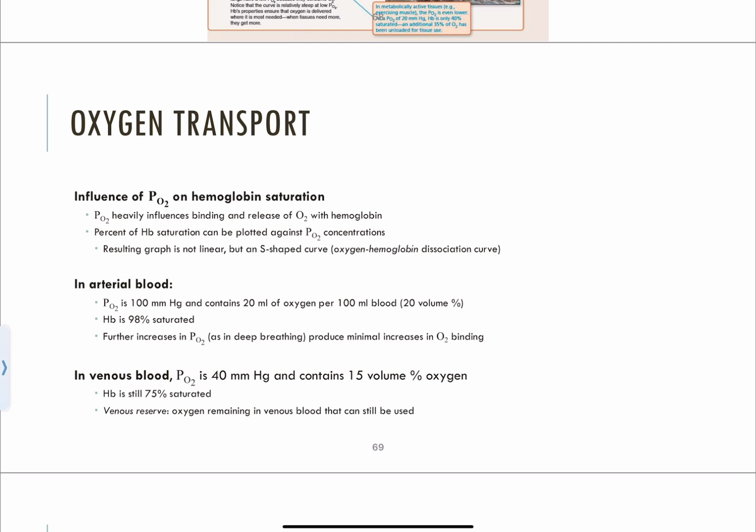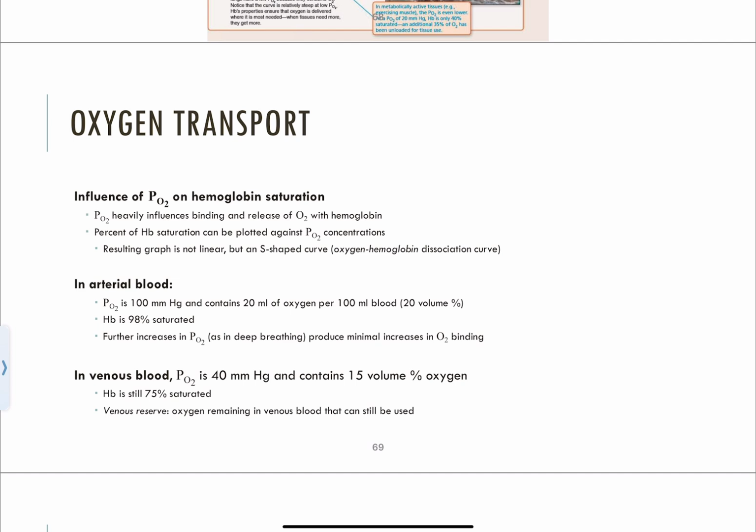You don't have to read that, just if you wanted to take a look at it, you're welcome to. The point is that the graph isn't linear, but it's actually an S-shaped curve, and this is what we call the oxygen hemoglobin dissociation curve. And basically, it's not a fluid receival or release of oxygen, because again, we're changing the shape to change the affinity.